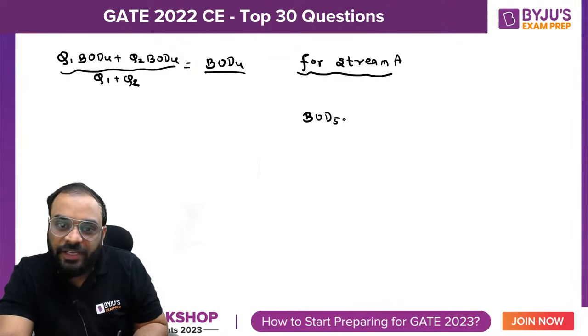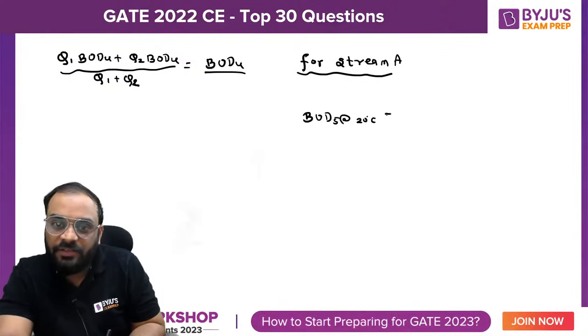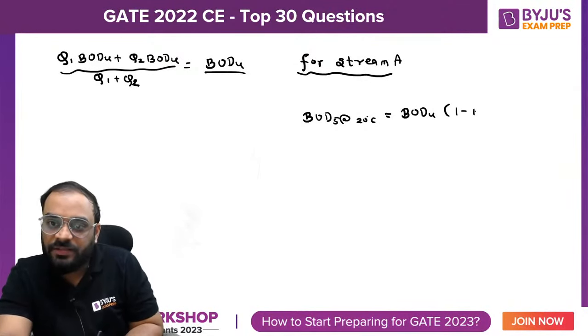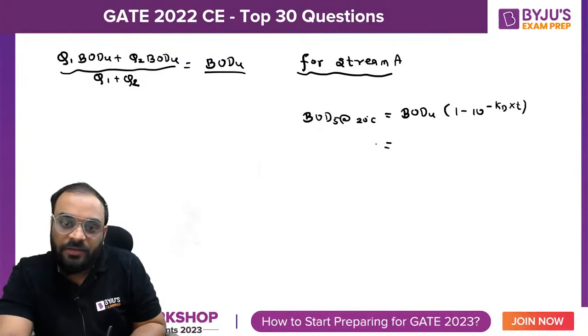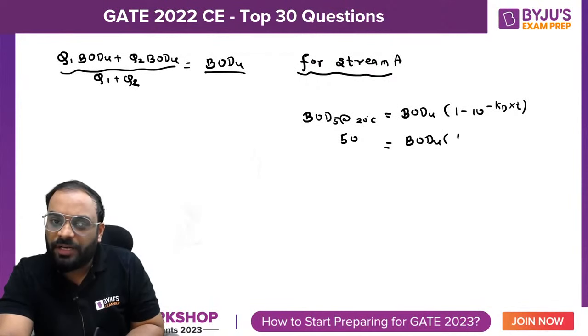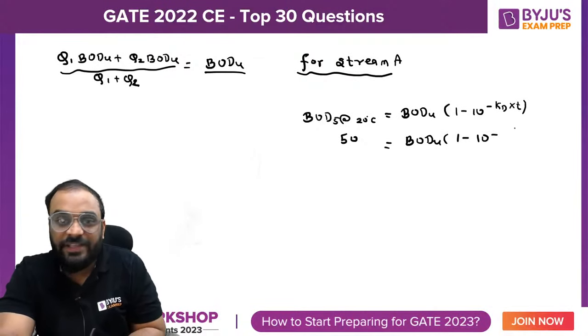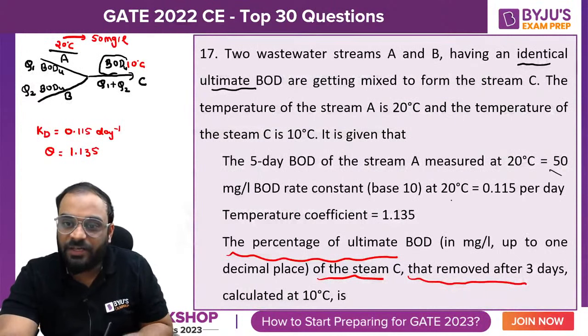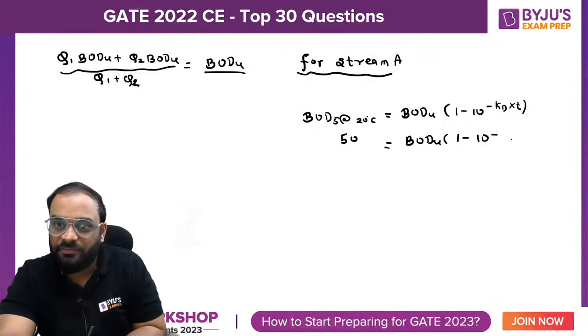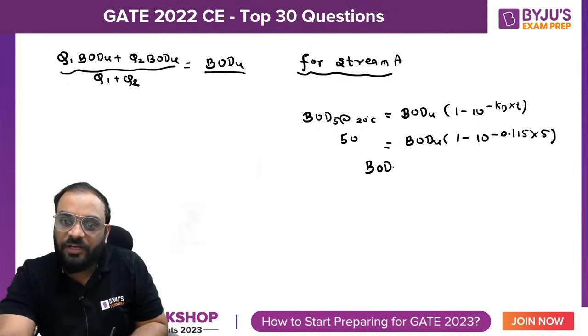The BOD 5-day at 20 degrees centigrade is equal to BOD ultimate bracket 1 minus 10 raised to power minus KD into T. This value is known to us, which is basically 50. Ultimate BOD, we don't know. Bracket 1 minus 10 raised to power minus KD at 20 degrees centigrade, that will be 0.115, multiply by duration, that is 5 days. Just find out the value of ultimate BOD first.